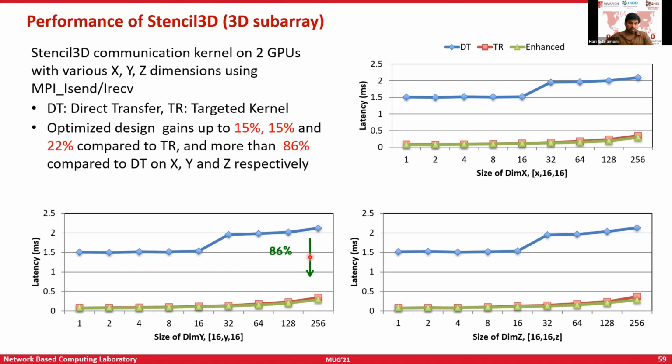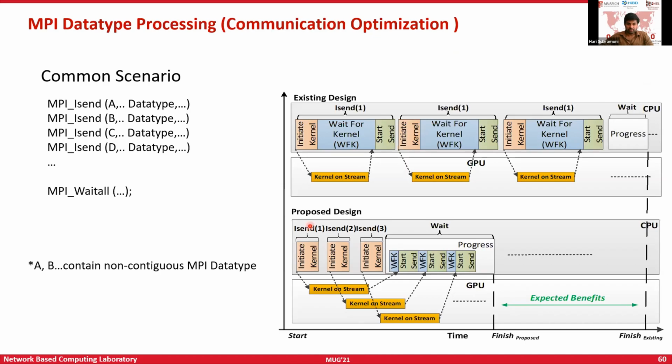We also worked with organizations like the Swiss National Supercomputing Center to see if we can accelerate some issues that they had in data type processing for some of their applications. Previously, your data types would get serialized. If you have one ISEND, you would initiate the kernel, wait for the kernel to complete, and then perform the send.